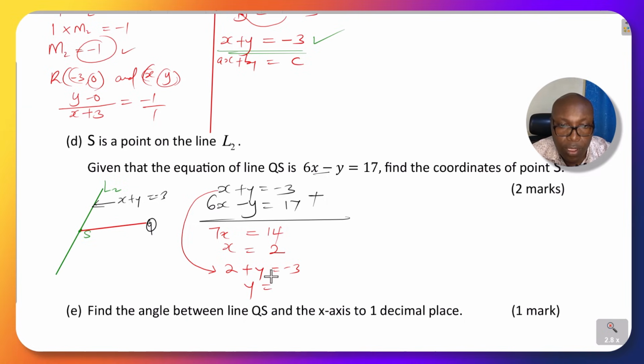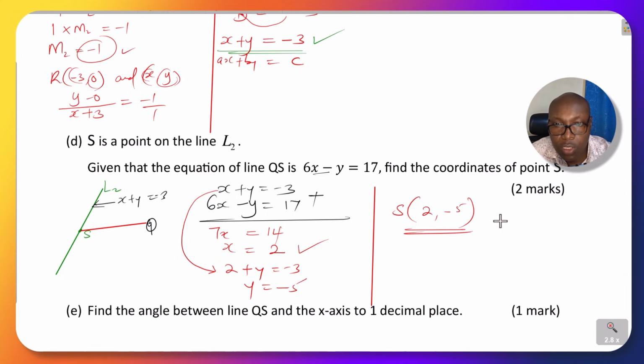So y will be -3 subtract 2, which is -5. As simple as that. So therefore, we have the point of intersection S. The x coordinate will be 2, and y will be -5. So that is the coordinate of point S.